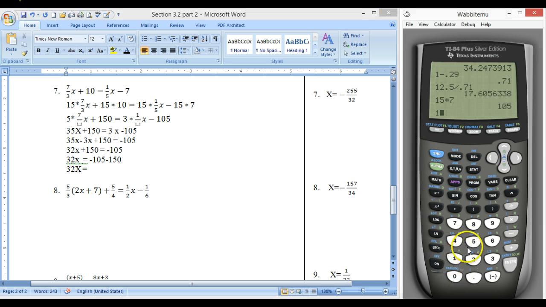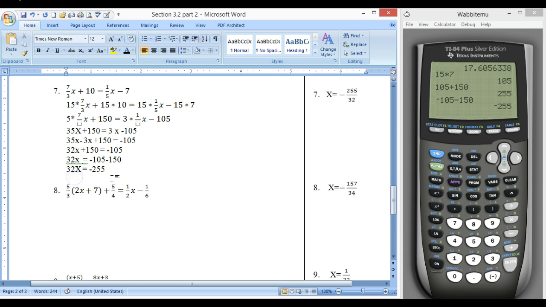If you're not comfortable, I'd rather you worry about what's going on with the equations. Now, I should have done negative, but I had to type that out. And that's minus 150. So all it does is change the negative sign. So this is negative 255. And continue solving for x.